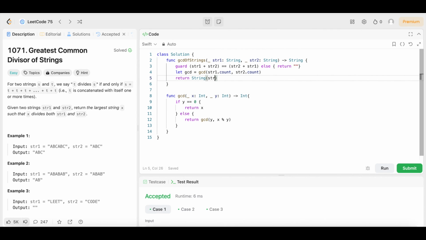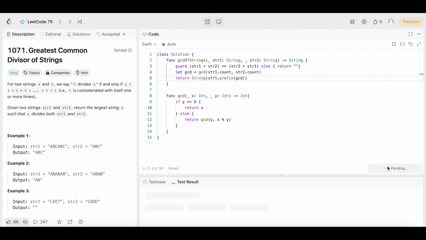Now remember, we'll say str1.prefix gcd.